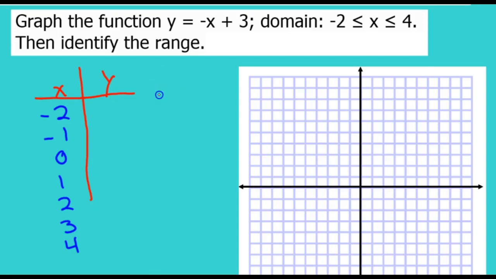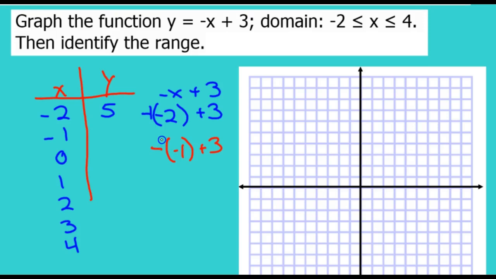So if we have negative x plus 3, if I put in negative 2, my x was negative, so I keep the negative. Negative 1 times negative 2 gives us 2, plus 3 gives us 5. Negative times a negative 1 plus 3.